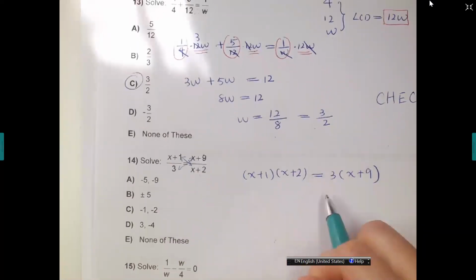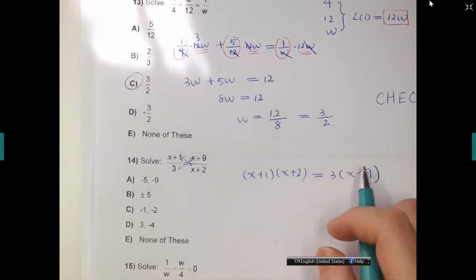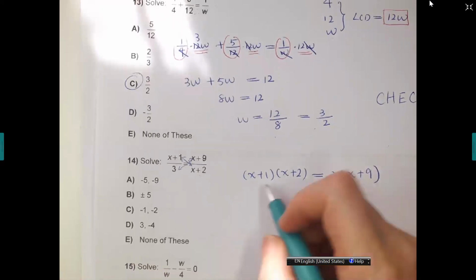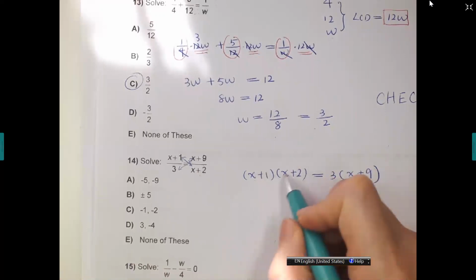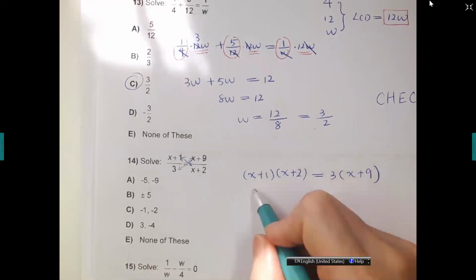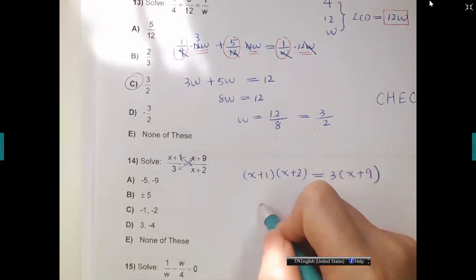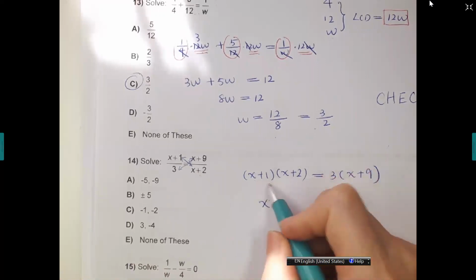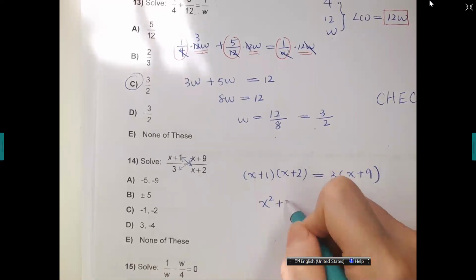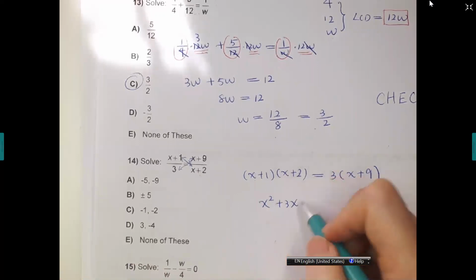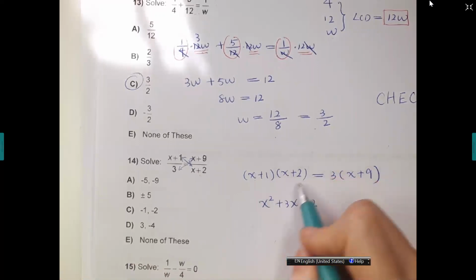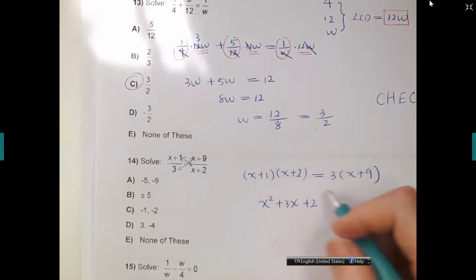Now what do we do? Just remove all the parentheses. See what we have now. Use the FOIL rule to multiply those two binomials. I get x squared plus 2x plus 1x, combine them, 3x, and 1 times 2 is 2.